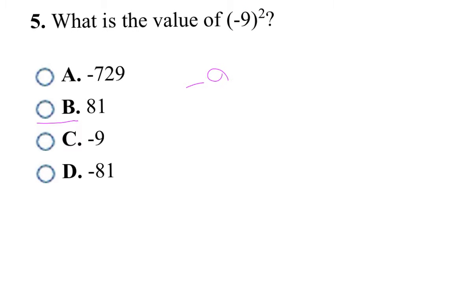So I'm going to have negative 9 times negative 9. A negative times a negative is going to be a positive answer. And then 9 times 9 is 81. So that means positive 81 is going to be my final answer, and B is that answer.